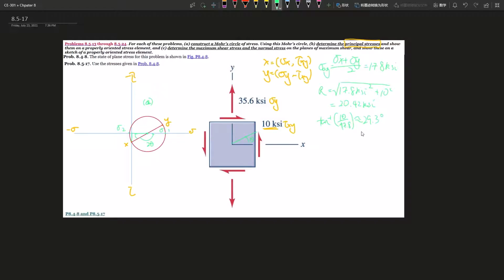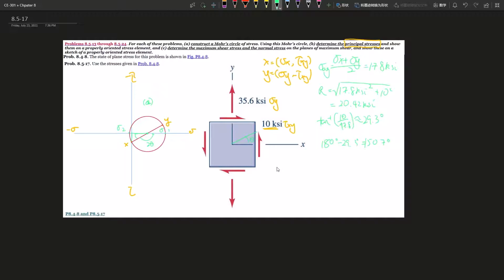So in that case, we have to use 180 degrees minus 29.3. That is going to be 150.7 degrees, right? And that is how much we have to transfer from here to here.